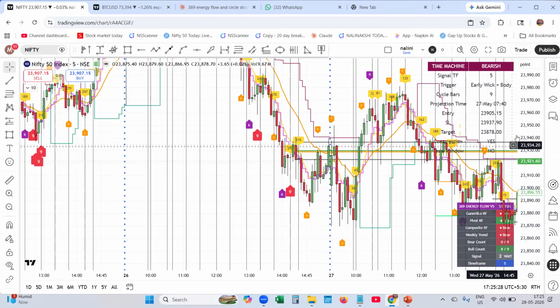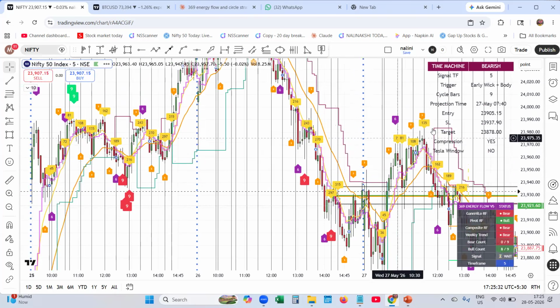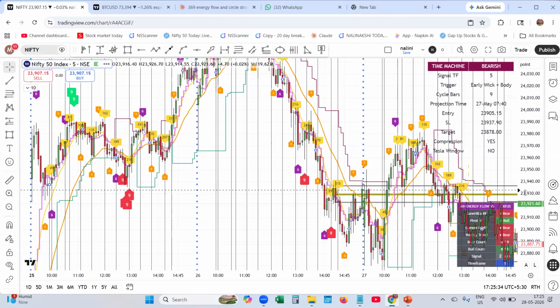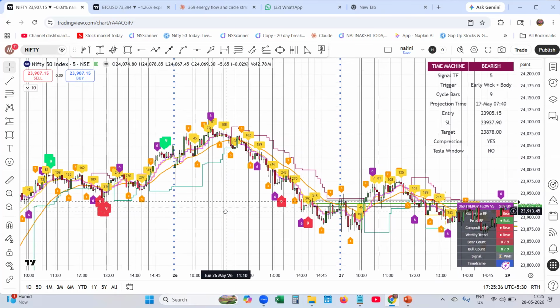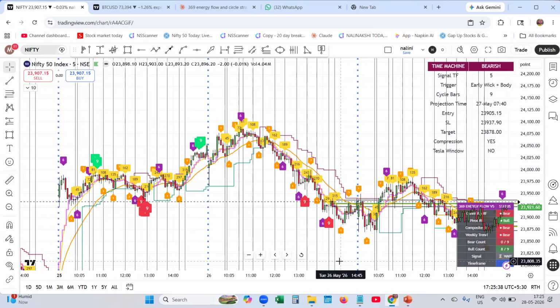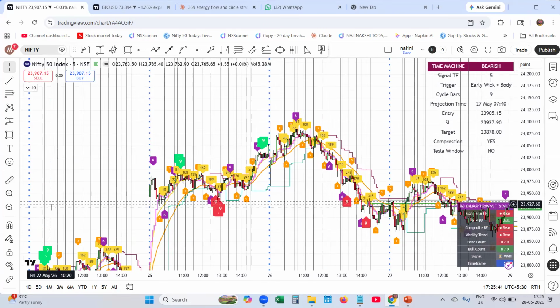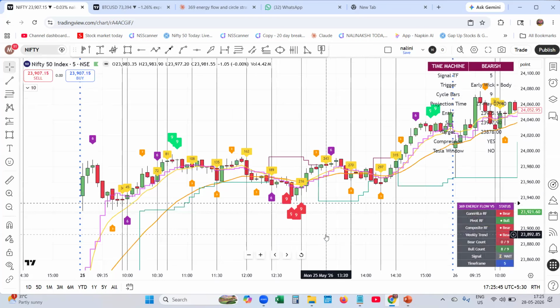I'll take you to the other time frame, other days' trades, and how they have panned out. See here, it was on the 25th. The market was completely sideways, dead.